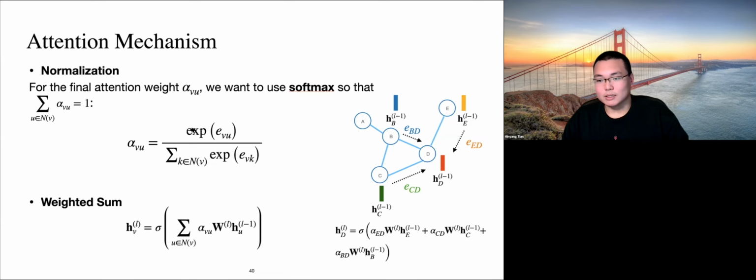So we just exponentiate the e_vu and divide by the sum of the exponentials of all the e_vk, summing them over, and we take the weighted sum of them. Here's also a plot to illustrate how we get the final attention weights alpha_vu and how we get the final output embedding.